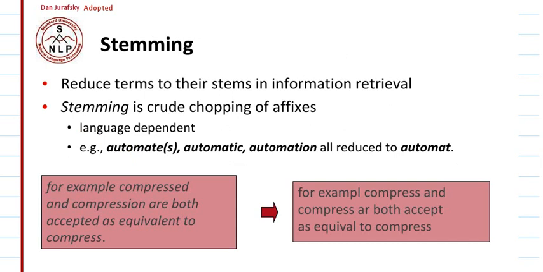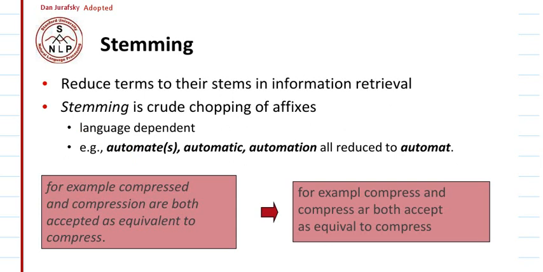So that's the difference between lemmatization and stemming, right? Stemming is just crude chopping of affixes. Like in the words automate, automatic and automation, all these three words may get reduced to automat.